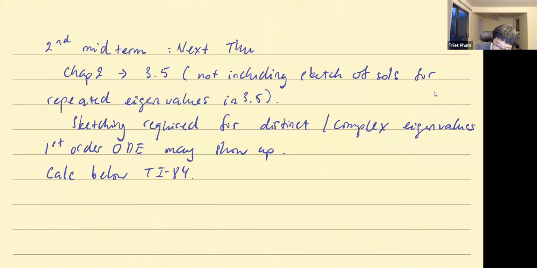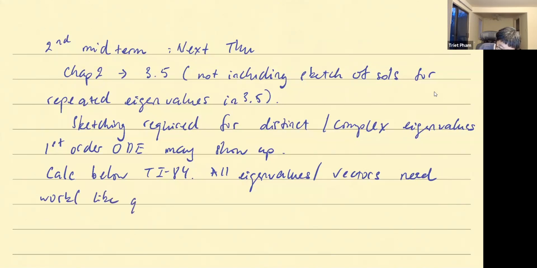So for all eigenvalues and eigenvectors you have to show work, okay? You're not meant to use your calculator to solve for eigenvalues and eigenvectors.